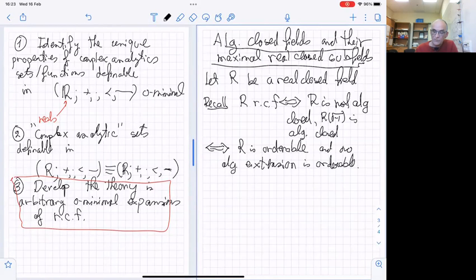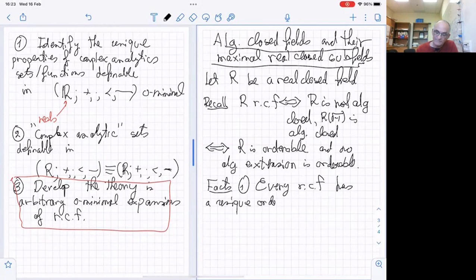And let's just recall two facts that we might need later. One is that every real closed field has a unique ordering, which we know. Actually, it's not equivalent to being a real closed field; it's weaker than that. It has a unique ordering, just given by the positive elements: x greater than 0 if and only if x is a square.